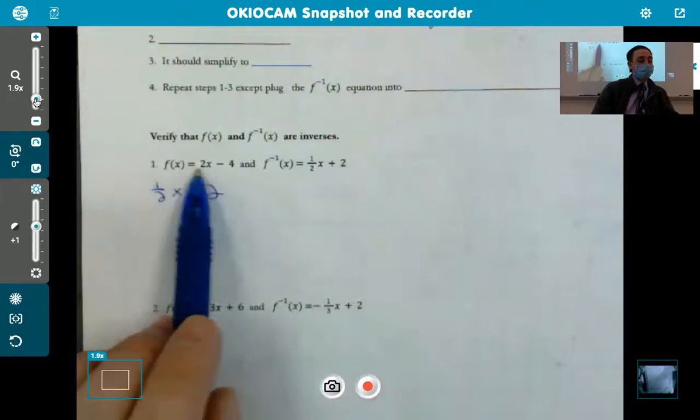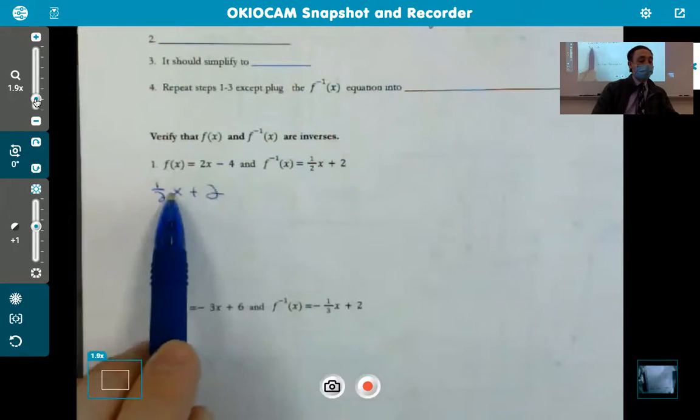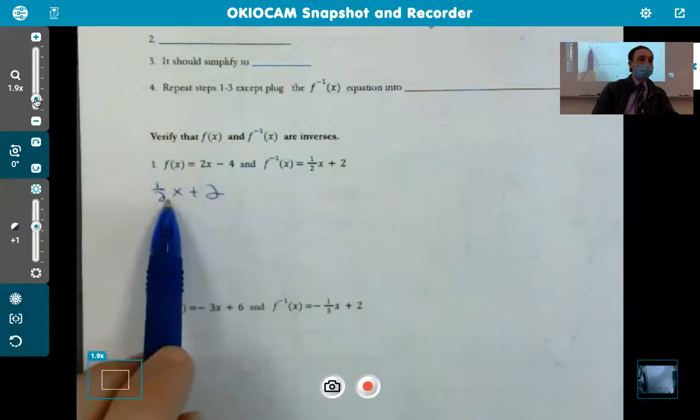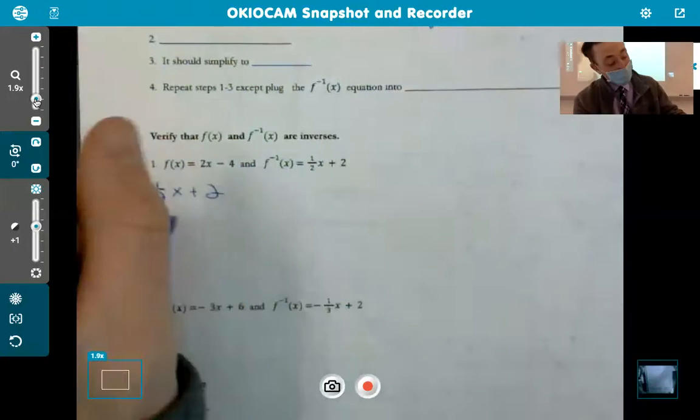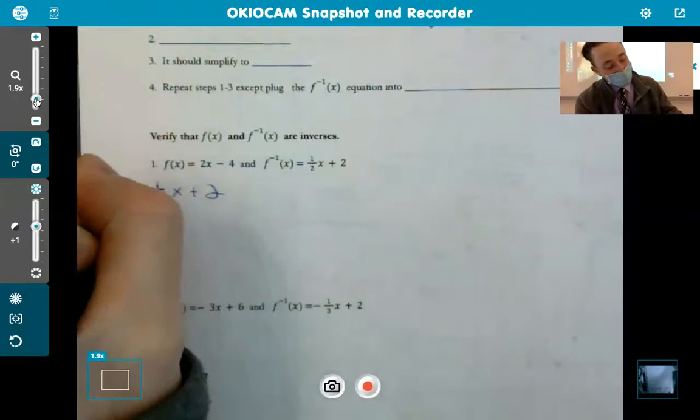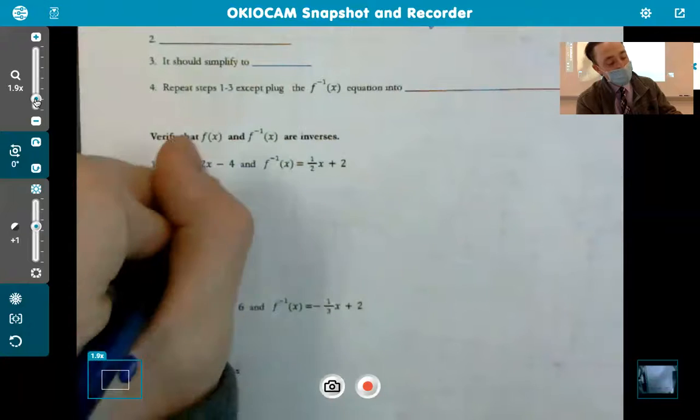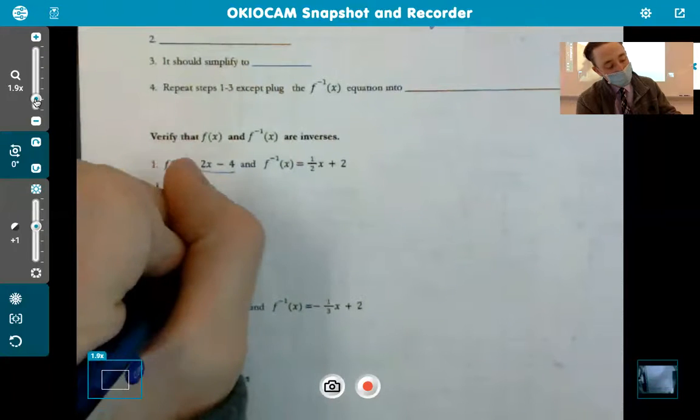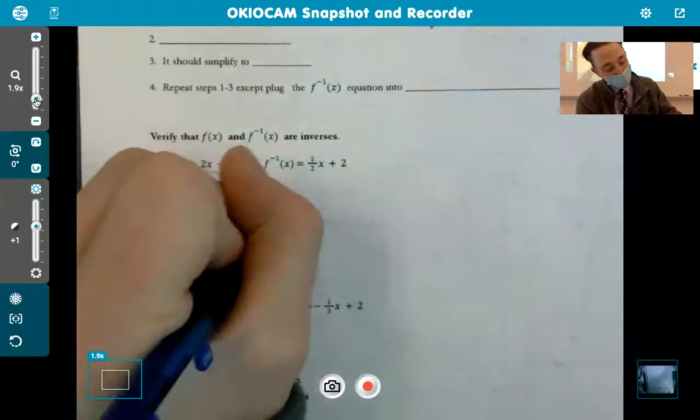And now I'm going to take this f of x, so the 2x minus 4. And wherever I see an x in this equation, I'm going to plug that in. So I'll have 1/2 in parentheses, the entire function, 2x minus 4, and then plus 2.